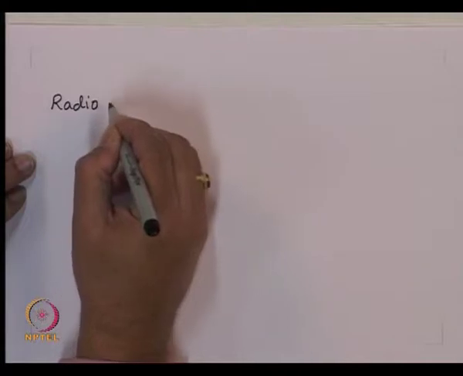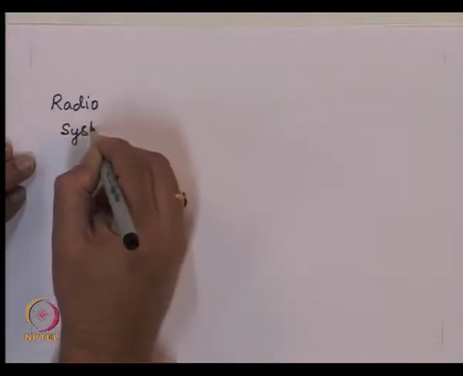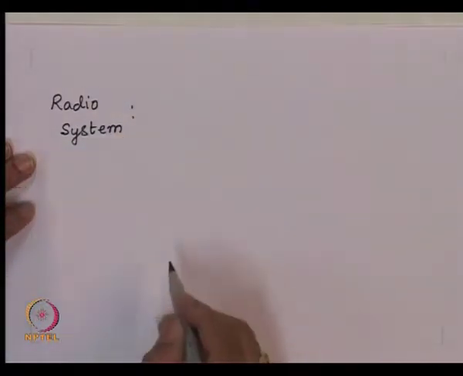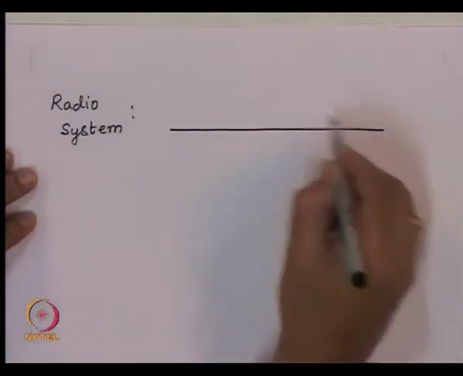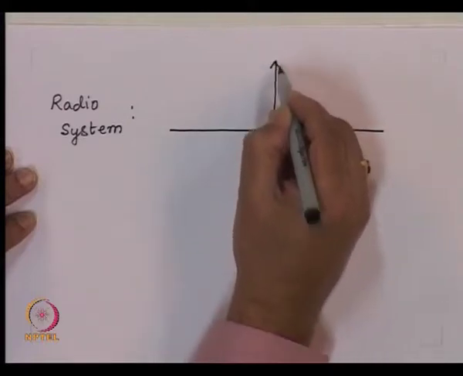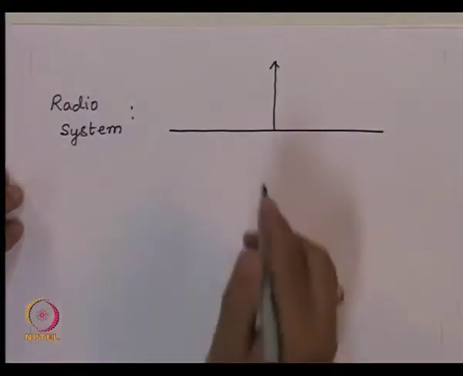Now let us come back to our original argument, that if I consider an optical carrier, then my spectral width of the carrier is very large. So now I have two situations. At radio frequency, if I draw the spectrum of the carrier and the modulating signal, this is the radio system. My carrier frequency is very small.